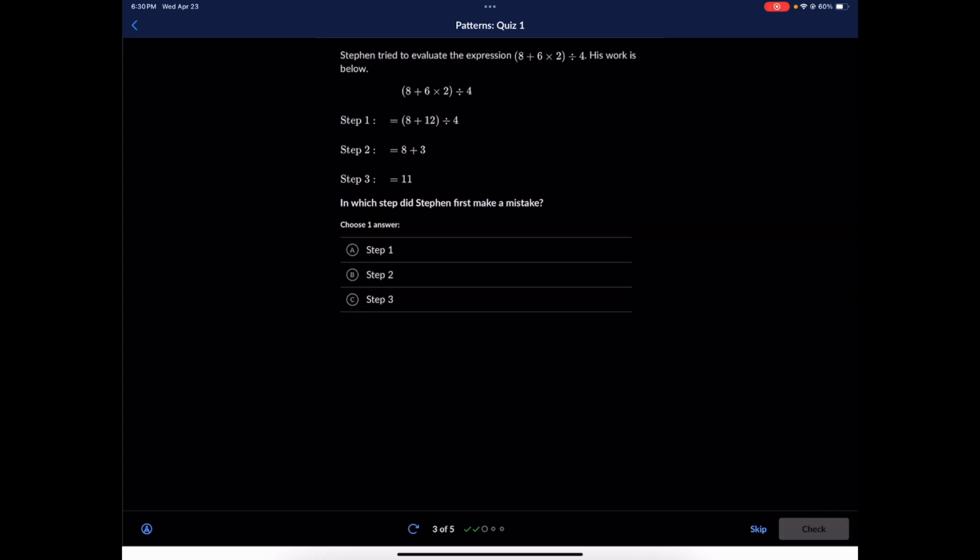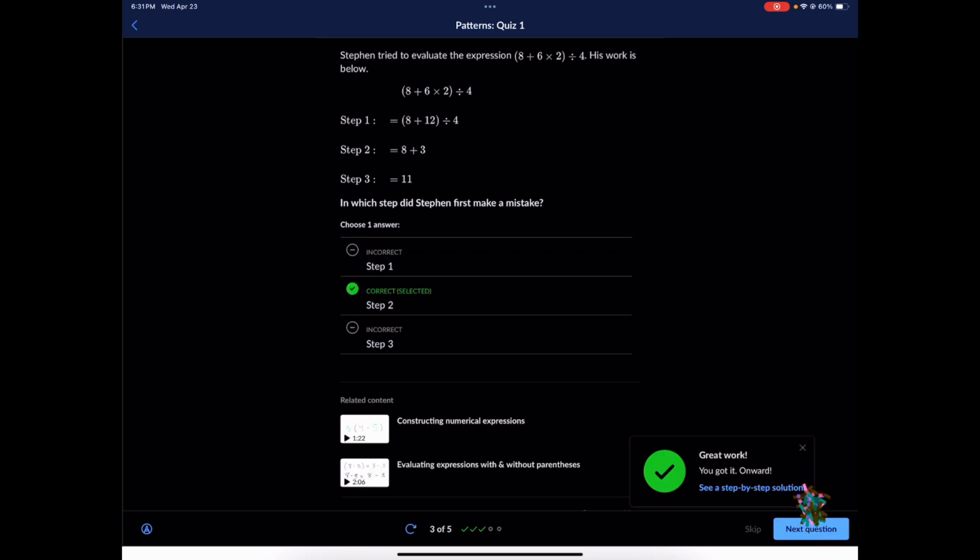Great job. Stephen tried to evaluate the expression 3 plus 6 times 2 divided by 4. His work is below. In which step did Stephen first make a mistake? The answer is B. If you got that, great job.